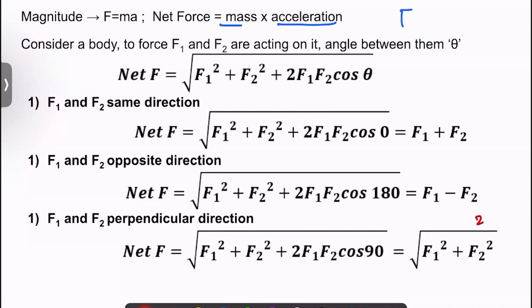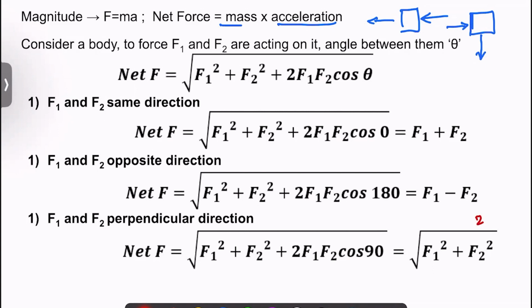For example, this is a body, and you're pushing from here, and you're pulling from here, or else you have a body that is falling and suddenly you give a push like this. We want to know what is the net force acting on this body in various situations like this. So for that, we want to treat force as a vector.